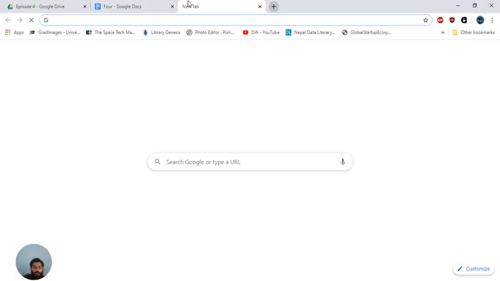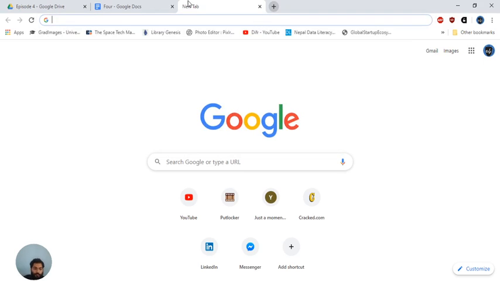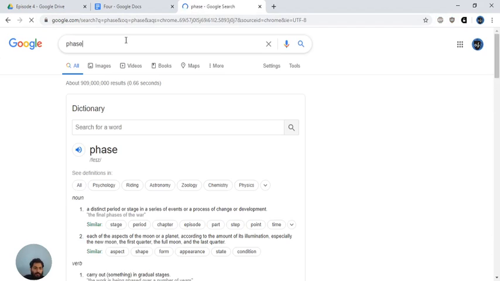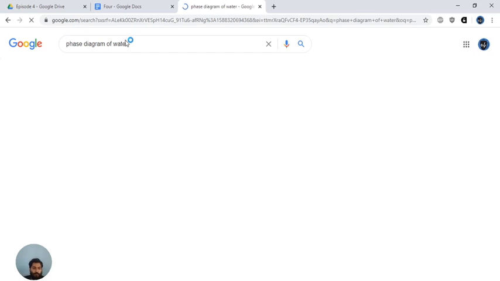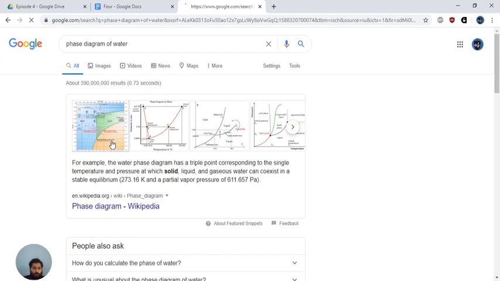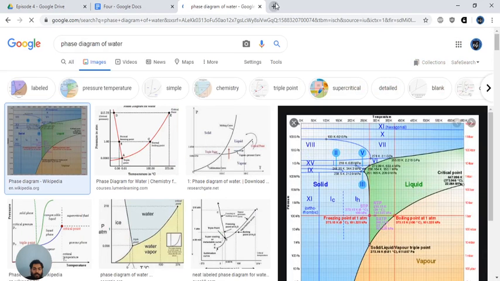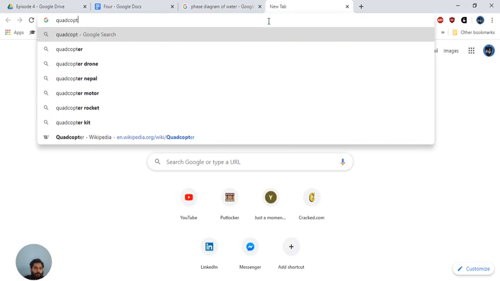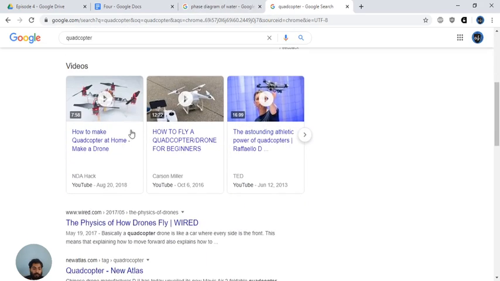What I was thinking was, let me just go through my train of thought. So you have your phase diagram of water. I'm going to show you what I was thinking earlier with the steam turbine thing.